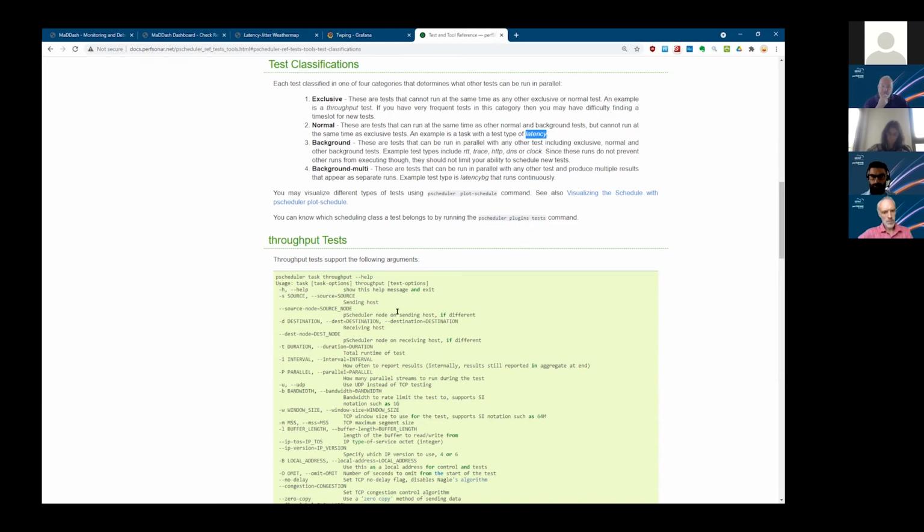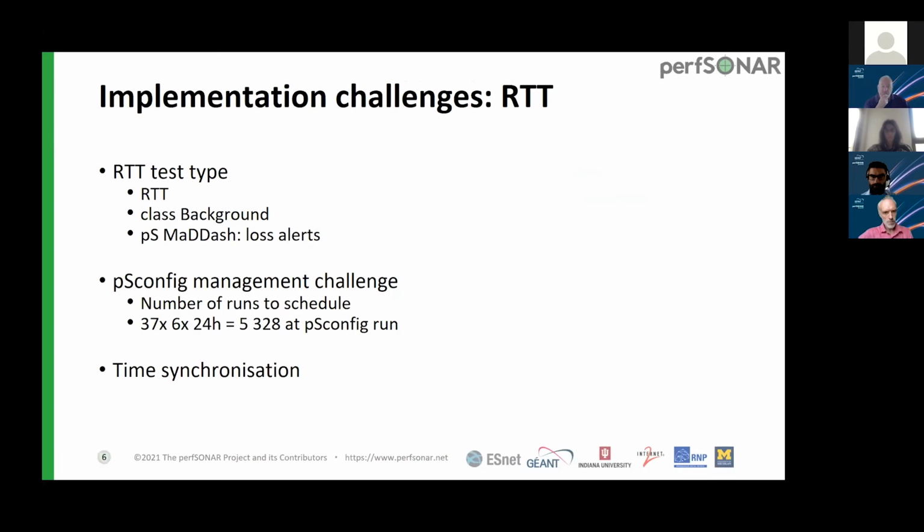And for these, I don't have to have that many runs configured, and how many is that? If I want to run a test with ping every 10 minutes, that means 6 measurements per hour. For 24 hours, I have to multiply by 24.